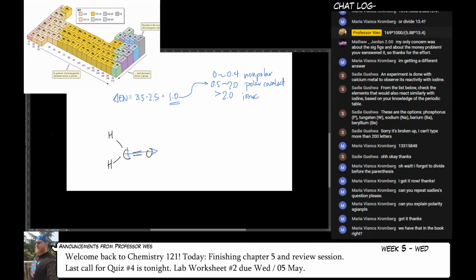Then over here for C and H, if I look at a C and H bond here, this is 2.1, this is 2.5, the difference is small. So this falls into nonpolar. So these guys are nonpolar, so don't even bother writing an arrow. So this molecule would then be polar. So that's the sort of thing that you're going to want to do for molecules. You're going to try and figure out the polarity of the bonds, and then use those arrows and sum them together and do that arrow math that we showed you yesterday.